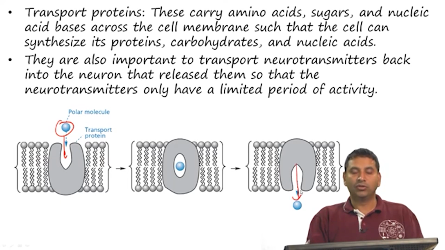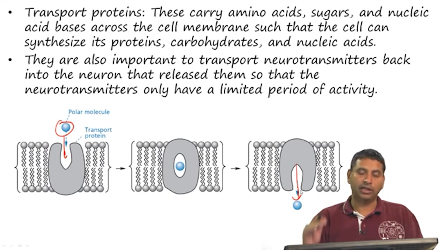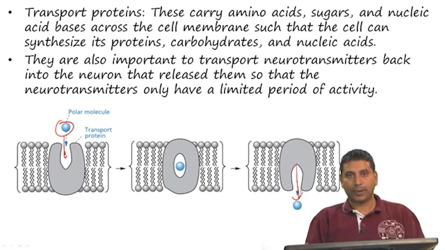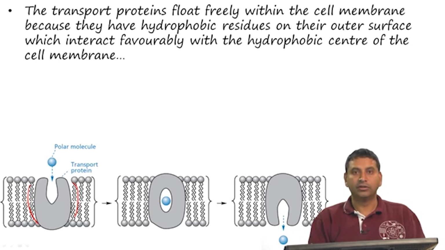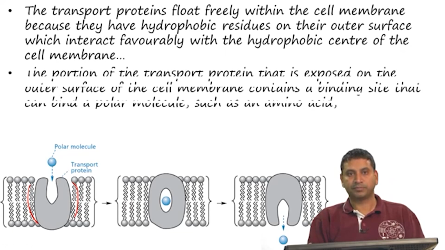This is very important when neurotransmitters have to be transported back into the neuron, so that they have a limited period of activity. So, the transport proteins float freely within the cell membrane because they have hydrophobic residues on their outer surface, which interact favorably with the center of the cell membrane.